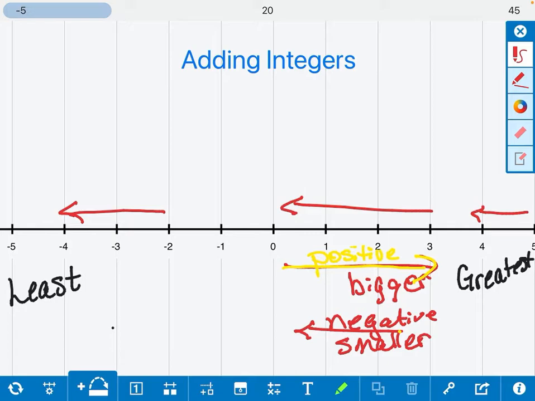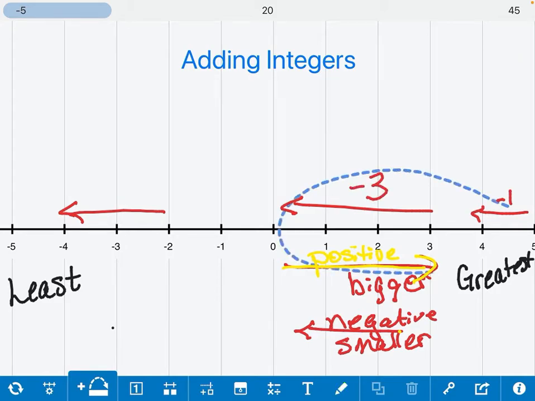So this line right here would be a -1 line because there's just one hop. This line would be a 1, 2, 3, a -3 line, even though it's on the positive side of the number line.